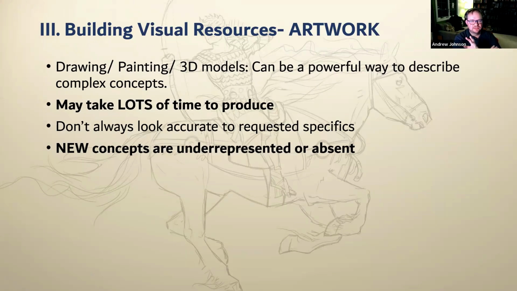The problem is that they may take lots of time to produce. And depending on whose art you're looking at, they don't always look accurate to requested specifics. So if you're doing a talk on the Temple of Ezekiel's prophecy, your options are going to be limited if you're looking for something on the Sully model. There's lots of other models that are out there, but if you're looking for that one in particular, your options are limited.